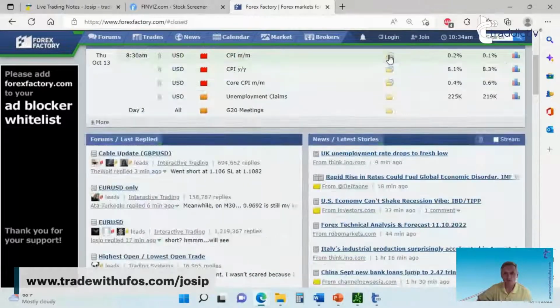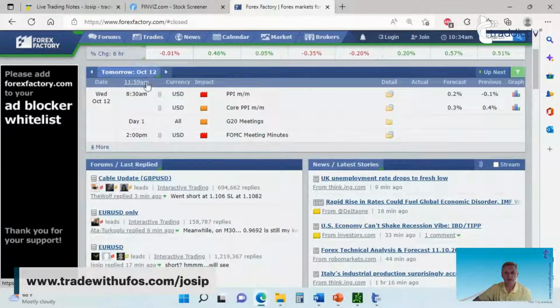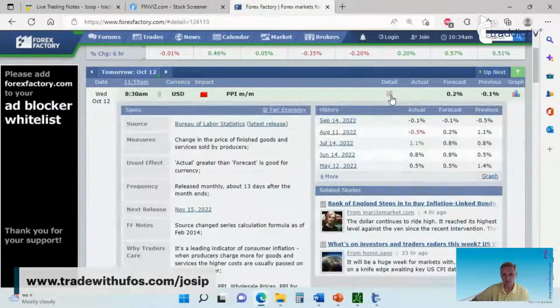But before all of this takes place, retail sales, CPI, you got to know what the producers are doing. You don't think the producers are oblivious, or you think producers are aware? Well, Apple, you heard the whole story in the media. You know what they are doing with the production of the latest iPhone?